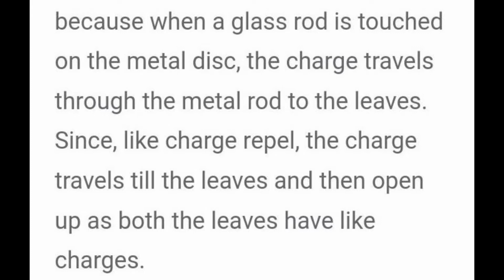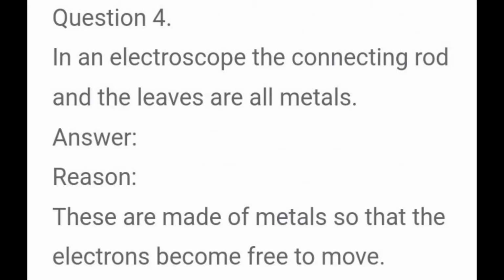Since like charges repel, the charge travels till the leaves and then open up as both the leaves have like charges. Fourth question, in an electroscope, the connecting rod and the leaves are all metals. Answer, reason, these are made of metals so that the electrons become free to move.